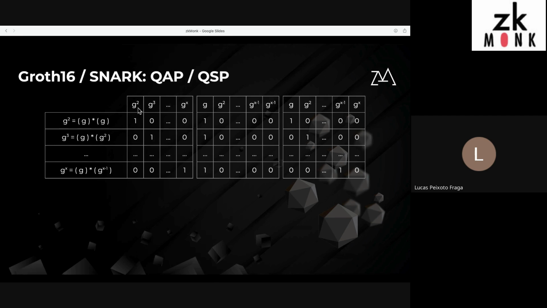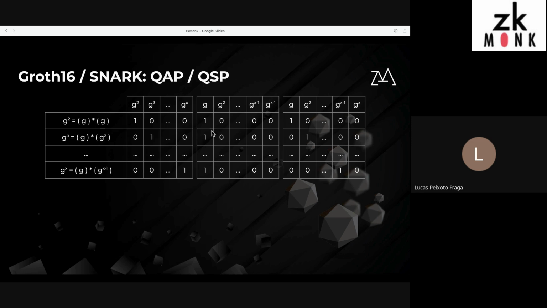So here, the linear combination is 1 times g squared plus 0 times the rest. This gives us the left linear combination on the right. So 1 times g plus 0 times the rest.